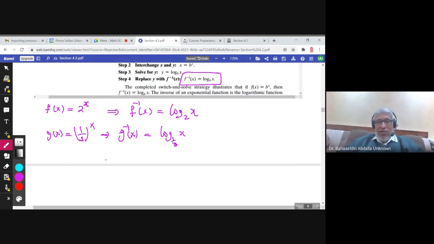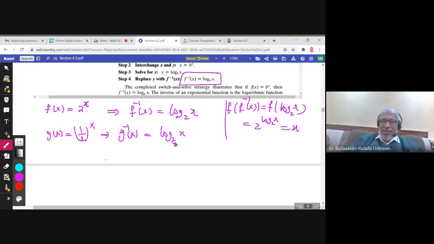Now, if you find f circle f inverse of x, it would be f of log x to the base 2. This is the definition of the circle. It would be 2 to the power log x to the base 2. It must be x.